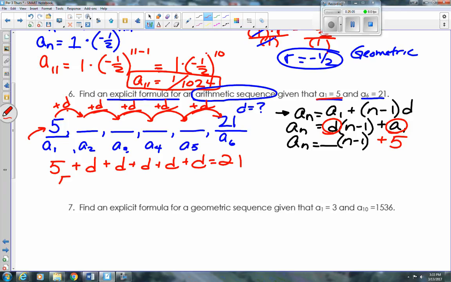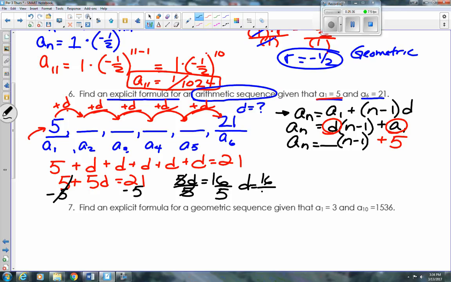That means 5 plus 1, 2, 3, 4, 5 of these d's equals 21. Now I've got an equation I can use to solve for d. Subtract 5 from both sides. We are left with 5d equals 16. And then we're going to divide both sides by 5. And we get d is equal to 16 over 5.